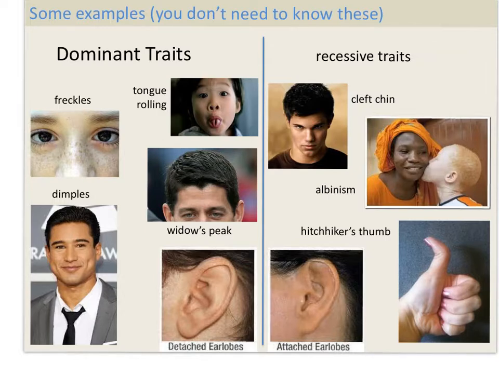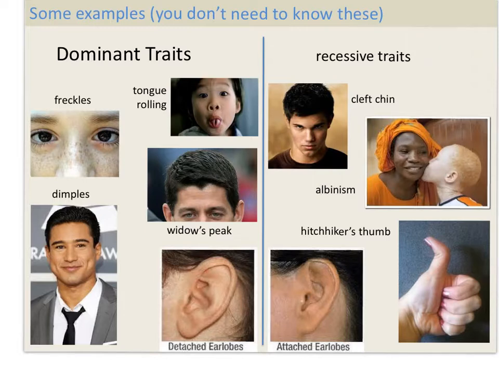Now, these are all monogenetic traits. That means there's only one gene controlling them and expressing them. Just so you know, most traits are the result of many, many genes interacting with each other.